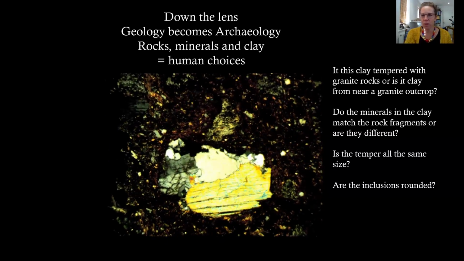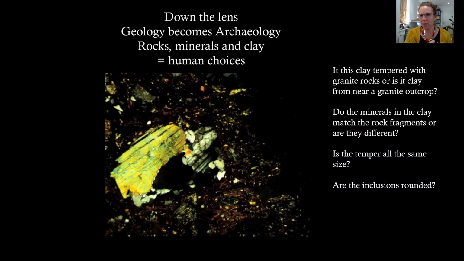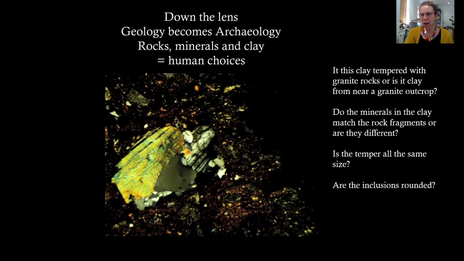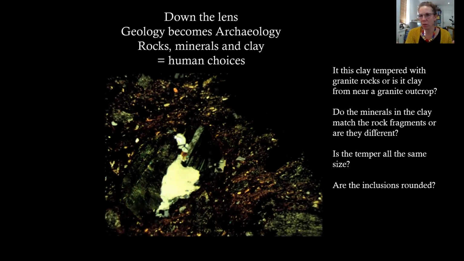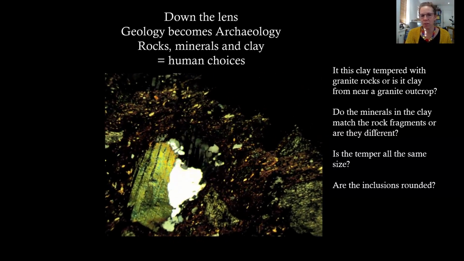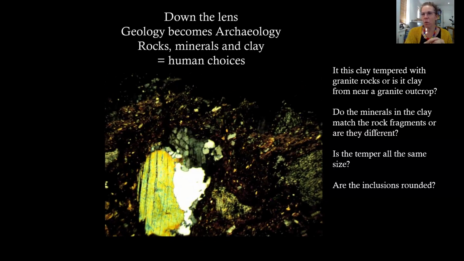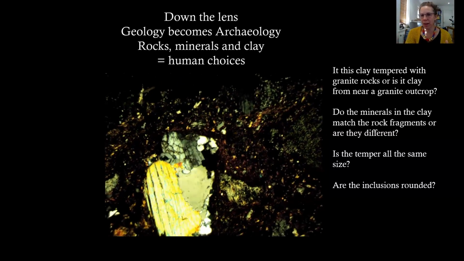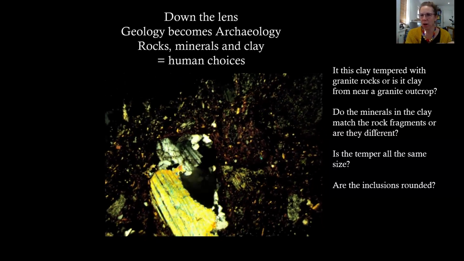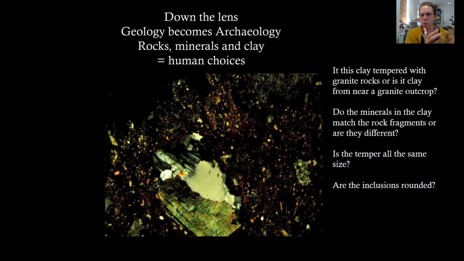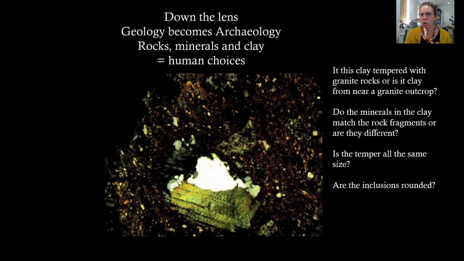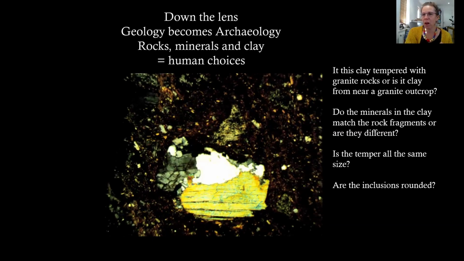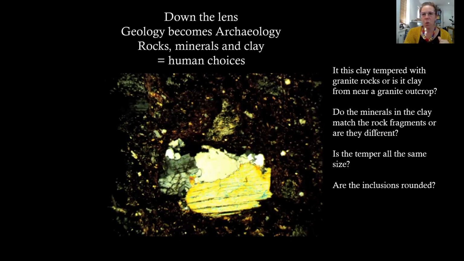So perhaps if these pieces of granite are all the same size and the clay in the background doesn't have any stones in it at all, or any large inclusions, then that suggests that all the other inclusions were taken out of the clay, and then someone put chunks of granite in. If they're rounded, it could suggest it's a water-worn sand grabbed from a stream further down, or if the rocks are angular, they could have been crushed and then added as temper. So that suggests that would be temper.